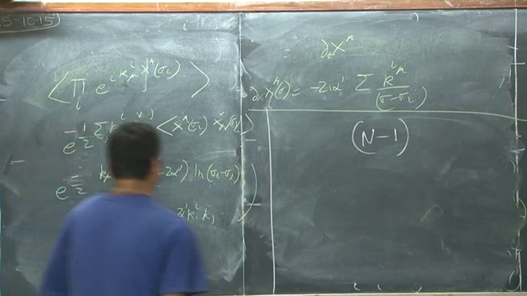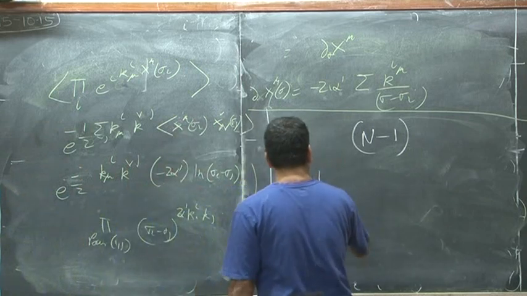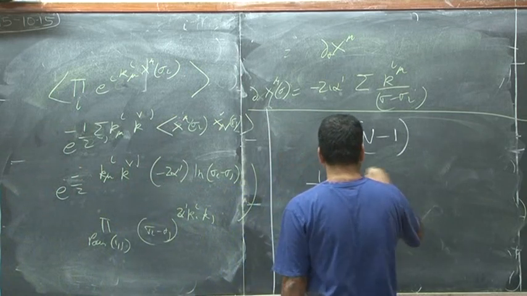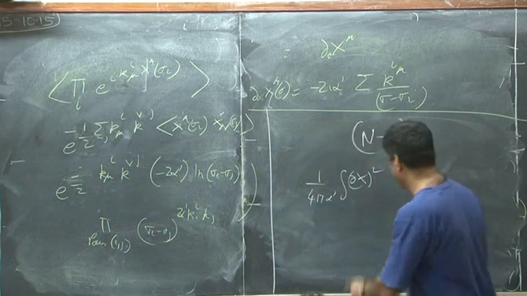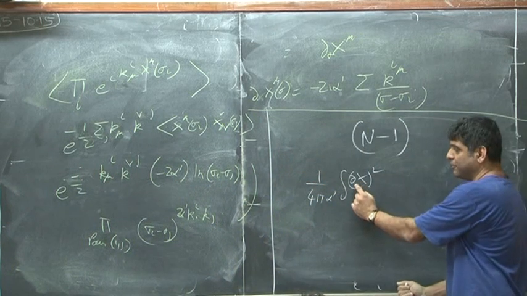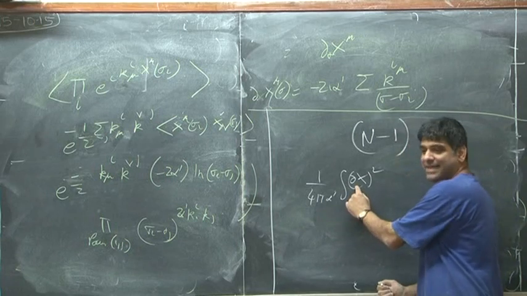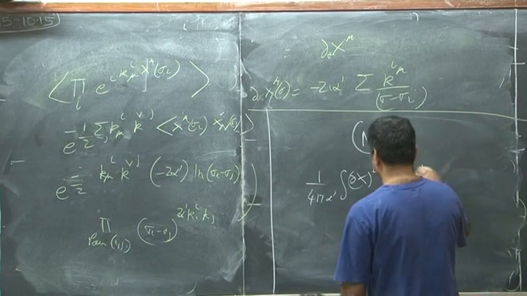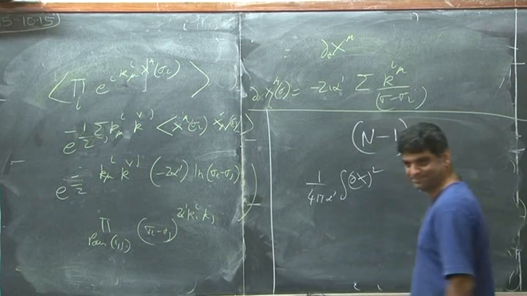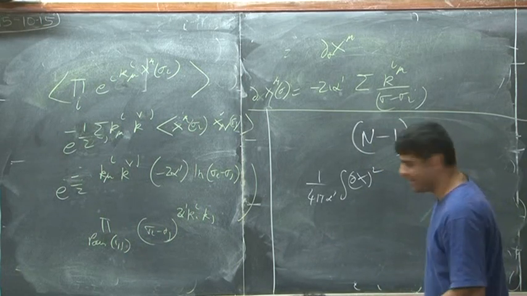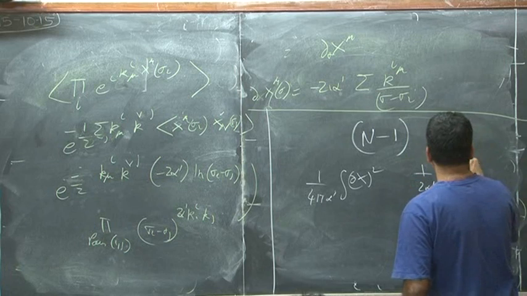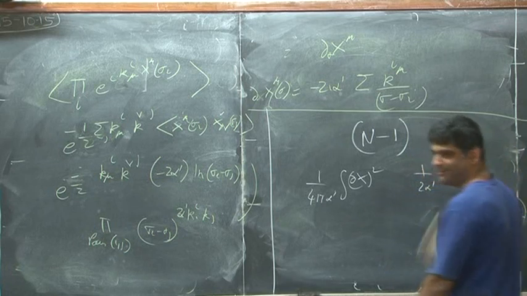Now let's remember how it came about for the closed strings. We had 1 by 4 pi alpha prime del square. So if we're interested in zero modes, we have constant in sigma. We can just do the integral over sigma, so this became 1 by 2 alpha prime. That's 2 pi square. And then this becomes just x0 dot square.